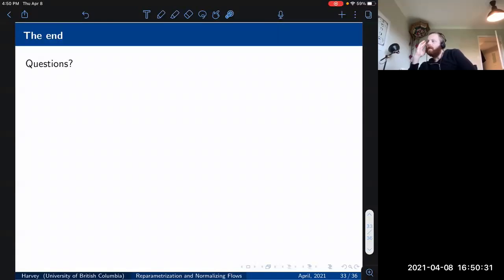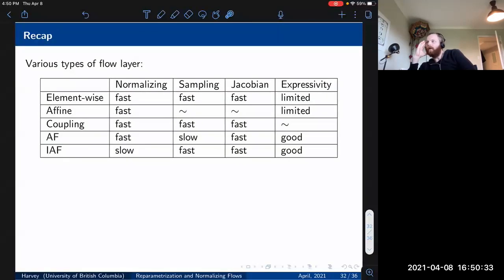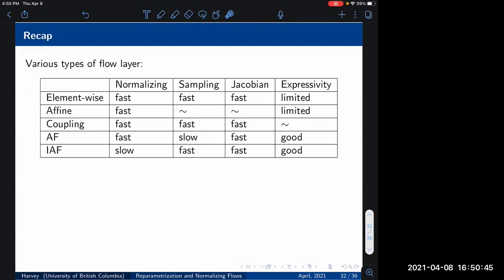On that previous slide, if you were to stack together a bunch of element-wise and affine building blocks like you did in your example, do you actually get something that's good, or is it still kind of limited? I would imagine that you can make something that's reasonably expressive if you have enough of these.